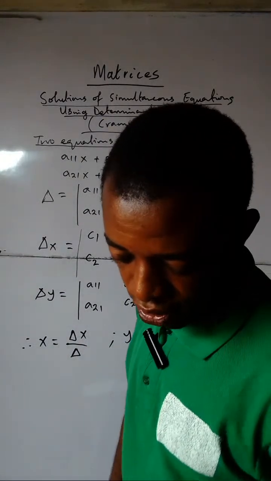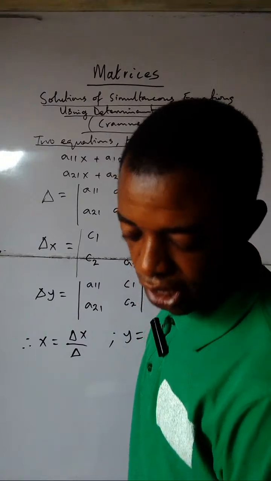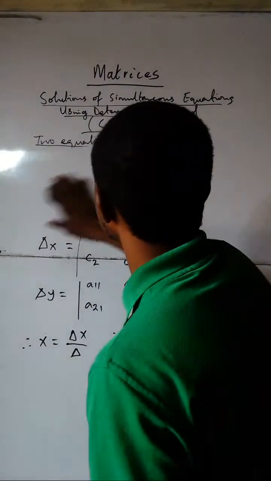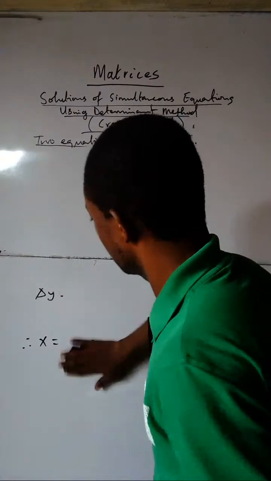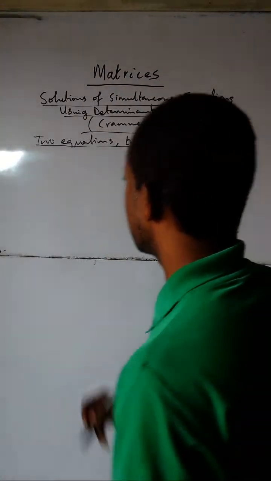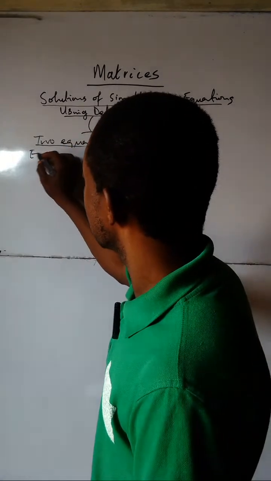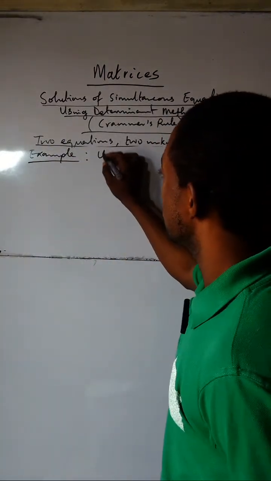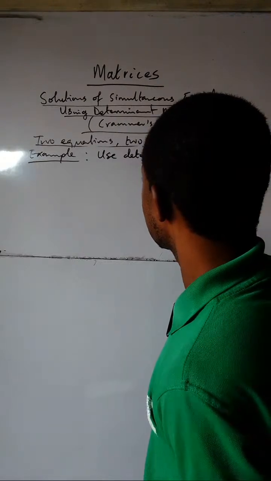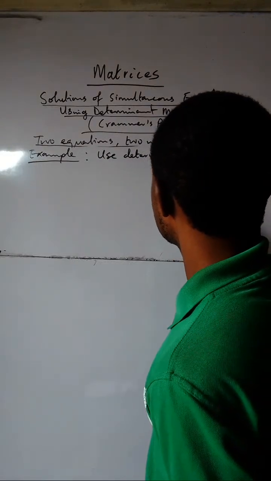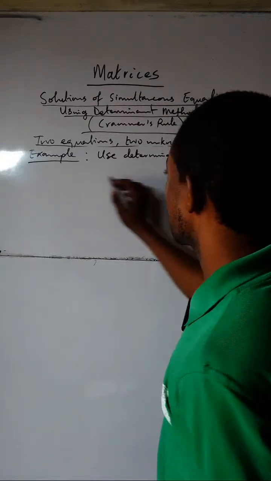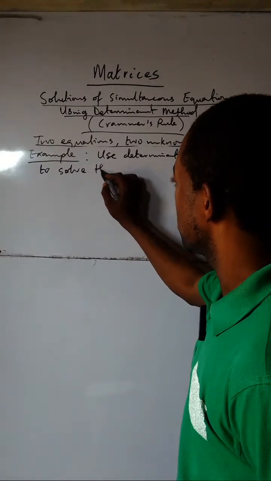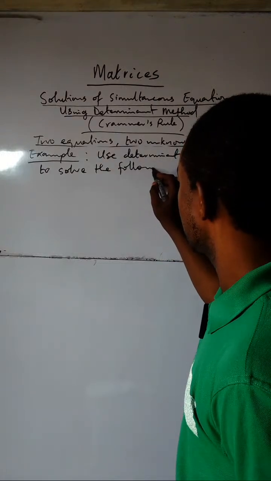Now let's demonstrate this with examples. Use determinant method to solve the following simultaneous equations.